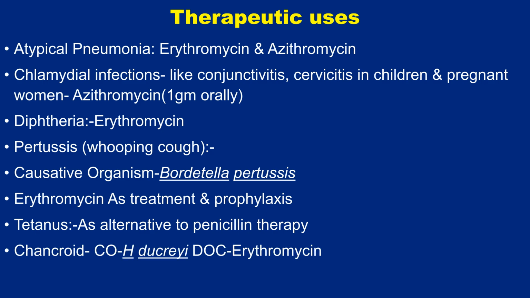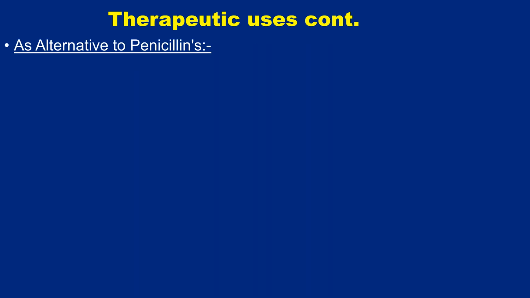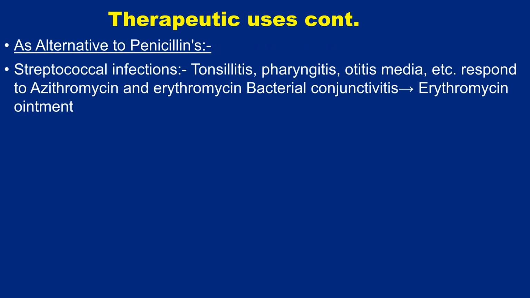Chancroid, which is caused by H. ducreyi, the drug of choice is erythromycin. Mycobacterium avium complex can also be treated by clarithromycin and erythromycin. As an alternative to penicillin, streptococcal infections like tonsillitis, pharyngitis, and otitis media respond to azithromycin and erythromycin.